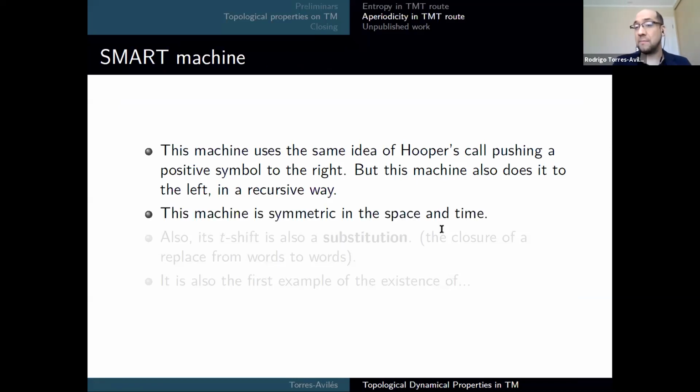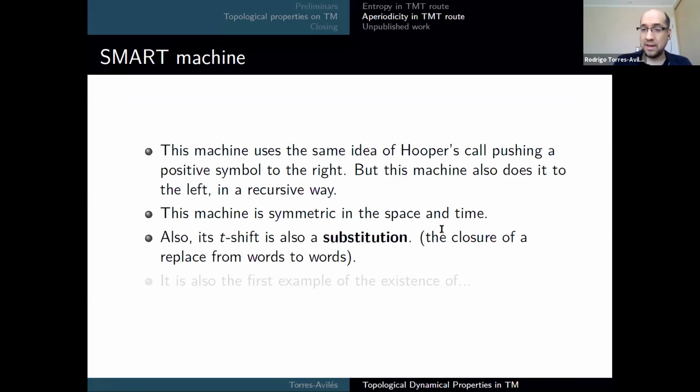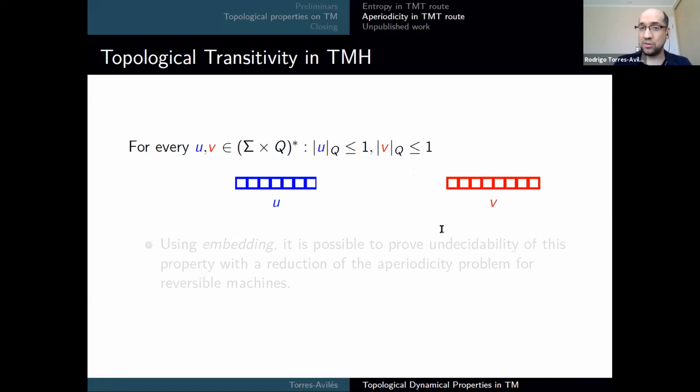The machine is symmetric in space and time. Its trajectory is also a substitution, in fact a primitive substitution, and it is the first example of a very interesting property. For example, it's the first machine to have topological transitivity in TMH.